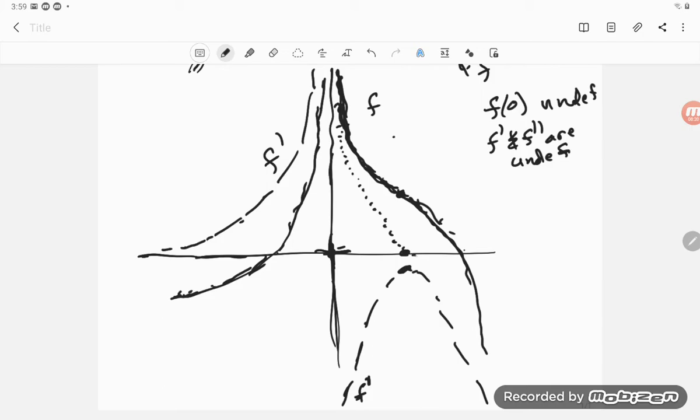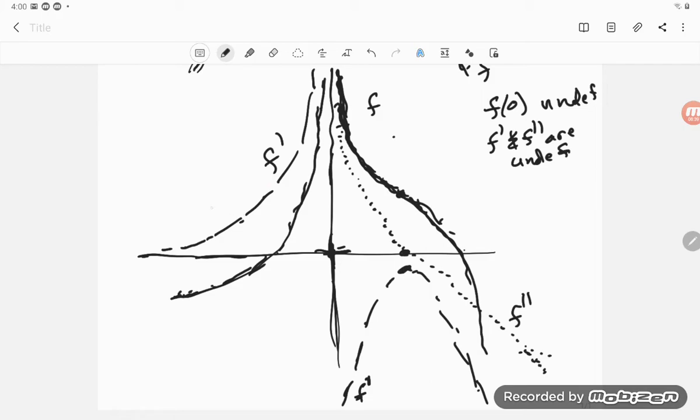And then negative things, okay, concave down. And again, if I look at my derivative, the derivative's getting steeper and steeper, and so these are going down like that. So that's f double prime.